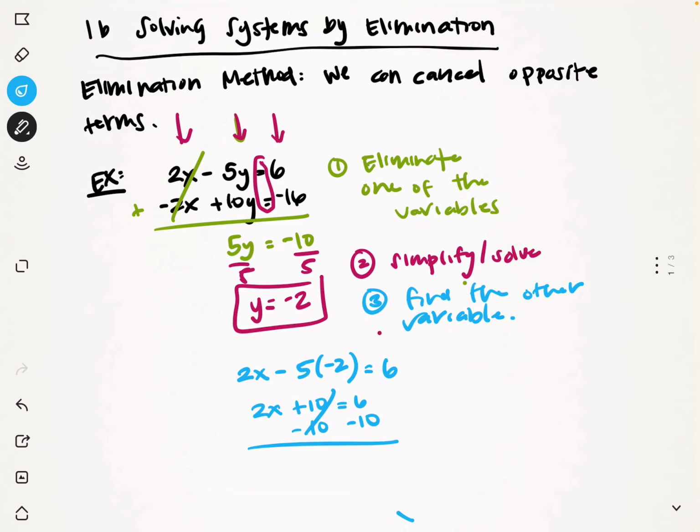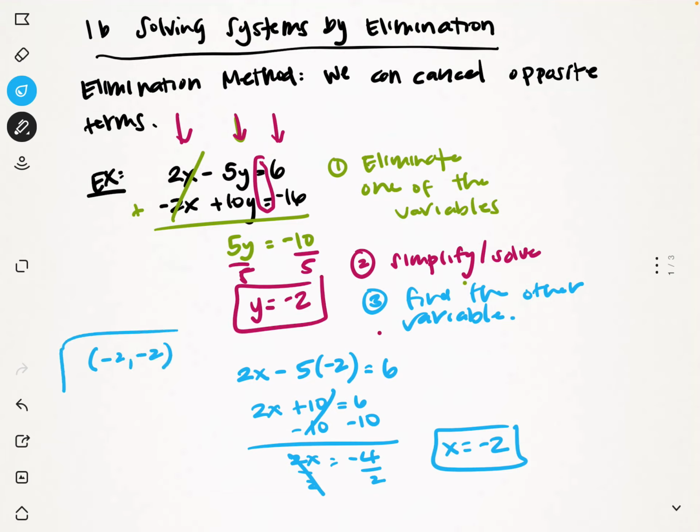We're going to subtract our 10. 6 minus 10 is negative 4. And then undo our multiplication with a division. So x is going to be negative 4 divided by 2, which is negative 2. So our solution would be negative 2 and negative 2.